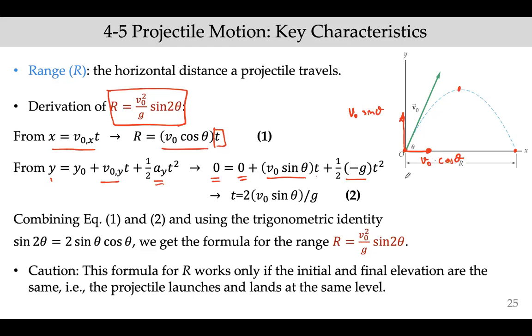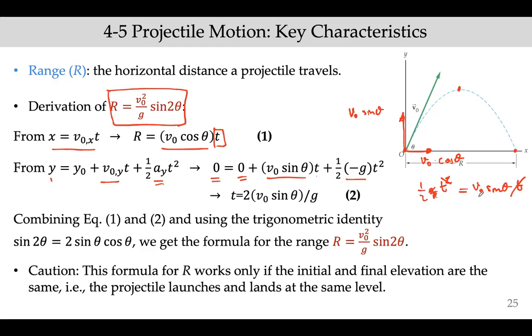Now take this second part to the other side of the equation. So you will have 1/2 g t squared, and on the right-hand side, we are going to have v0 sine theta t. So let's cancel this t with this power of 2. And I'm going to divide both sides by g.